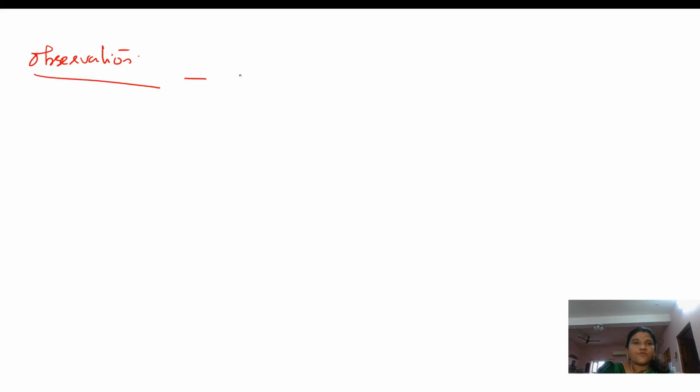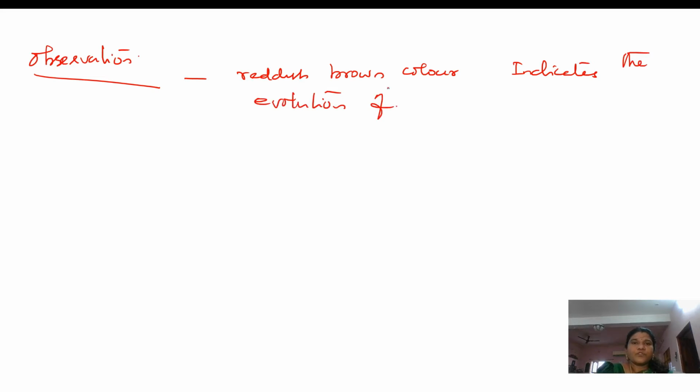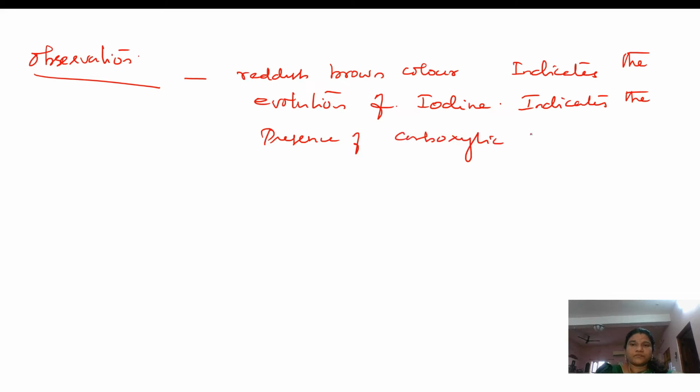In the case of solid, if you observe a reddish brown color, it indicates the evolution of iodine, and the presence of the carboxylic acid functional group. This is in the case of solid.